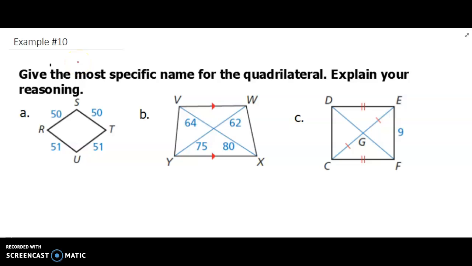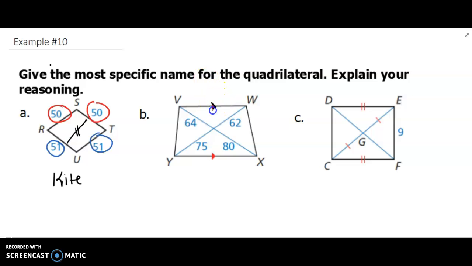All right, so here we know these two are congruent, and then we know these two are congruent, but notice that the opposite sides are not congruent. Okay, so all we know is this is a kite. That's the definition of a kite. Both pairs of adjacent sides are congruent, but opposite sides are not congruent. So A is a kite.